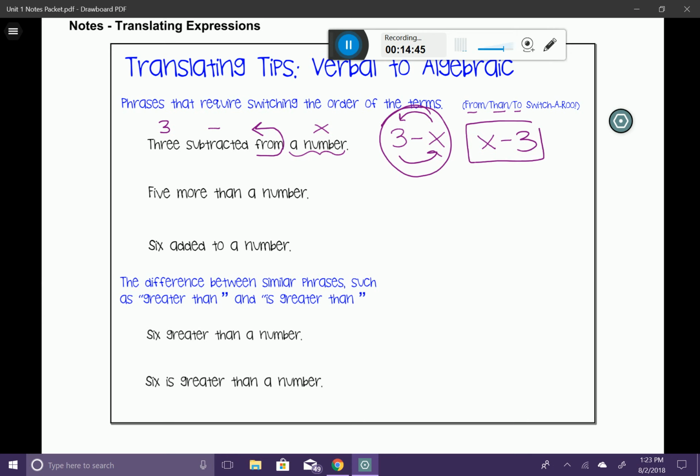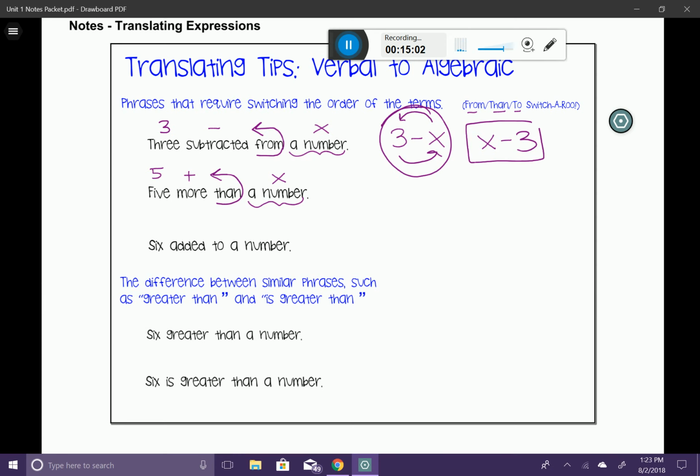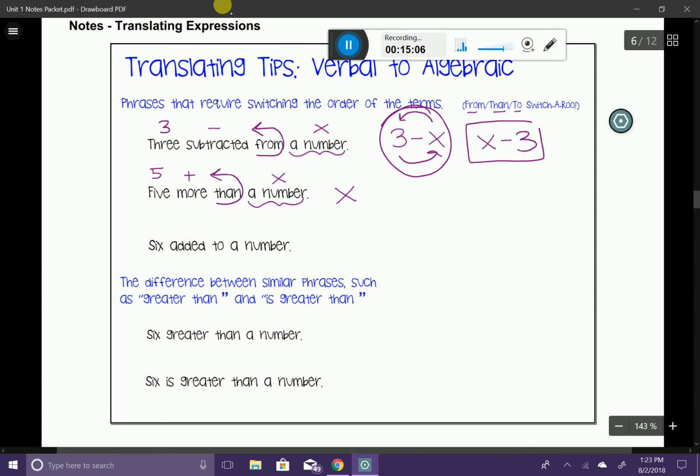Let's try another one. 5 more than a number. So 5, we know that more or more than means plus. Than is a switcheroo word, so I'm going to switch it around, a and then a number. Right now it looks like 5 plus x, but it's not, because it's 5 more than that number. So we actually have to flip it around to x plus 5.